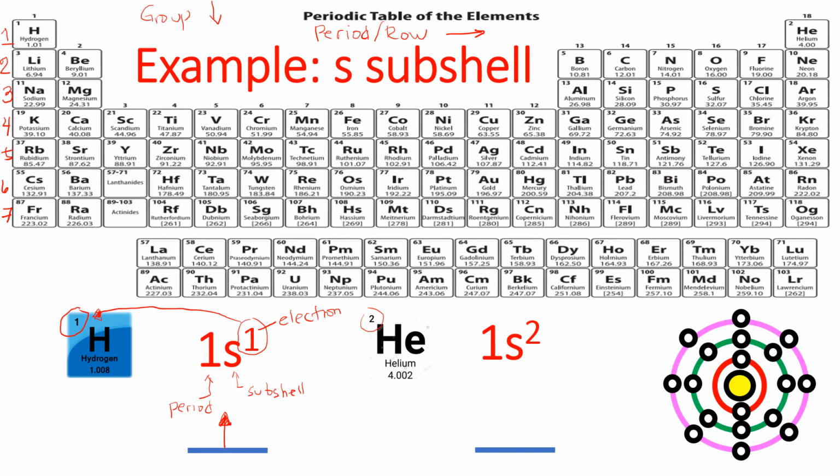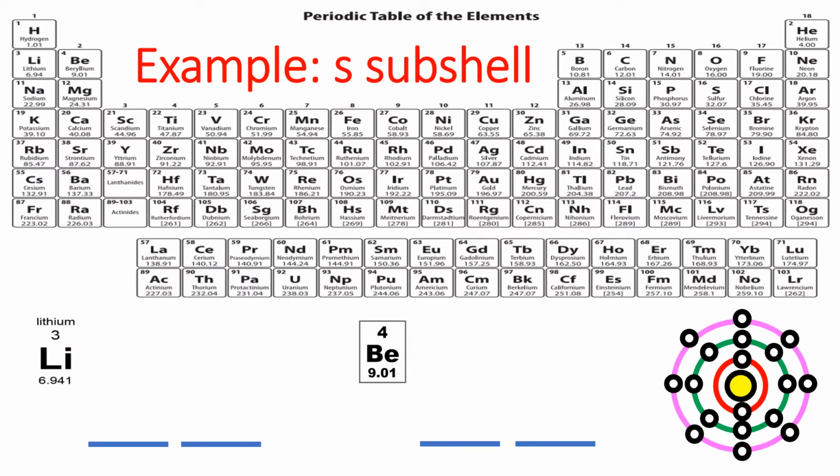In your orbital diagram, it will look like this: 1 and then 2. Now looking here in our atomic model, your hydrogen 1s1 looks like this, and your helium 1s2 will look like this.